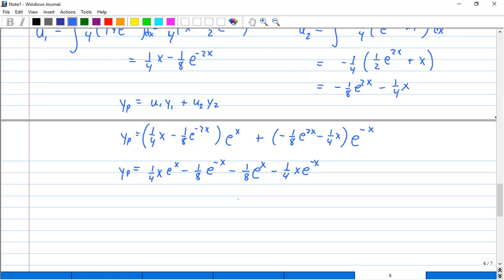Yeah, you just got a lot of terms. A lot of times we will have stuff combine or cancel out there, but I guess we don't here. It's because some of them have e to the x, some of them have e to the negative x.